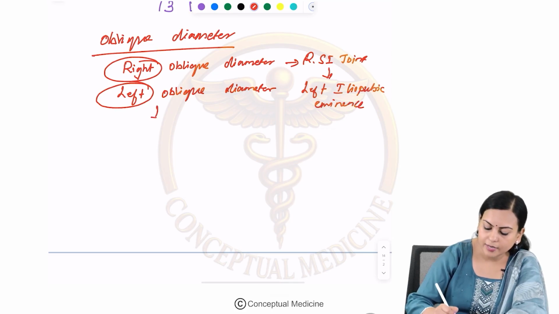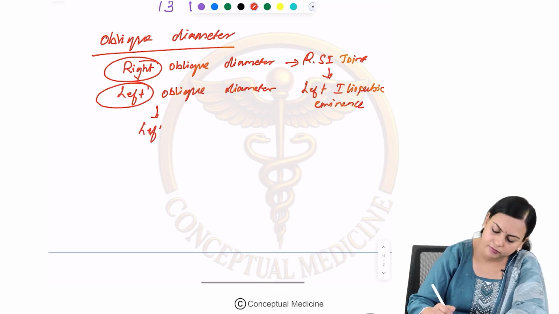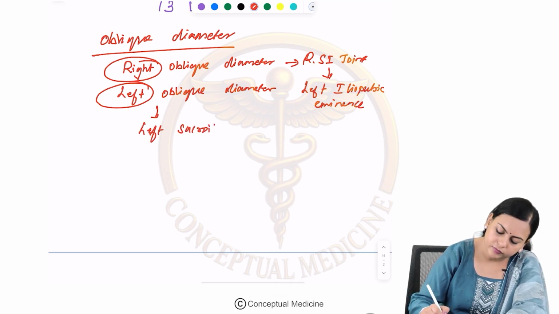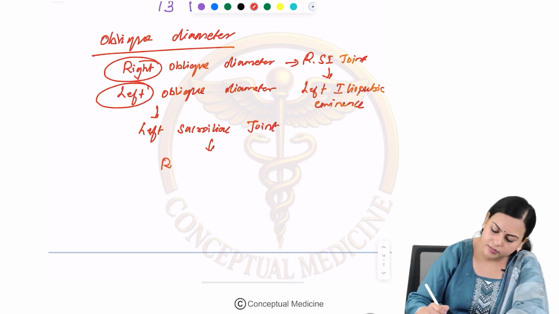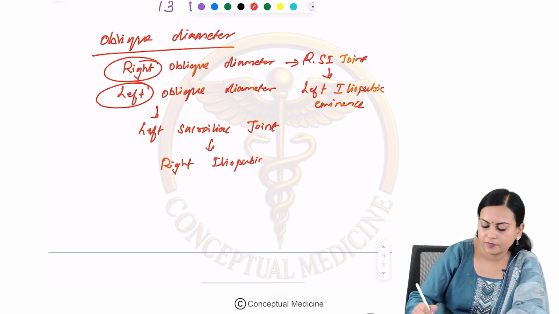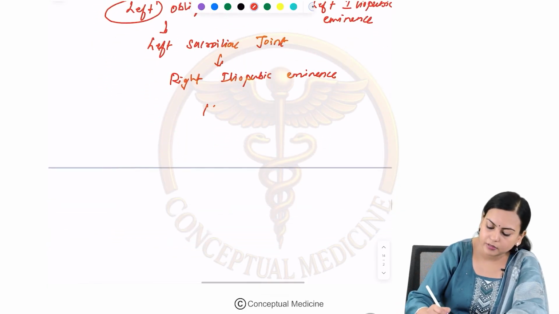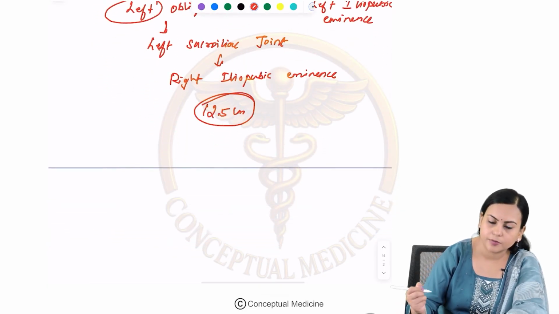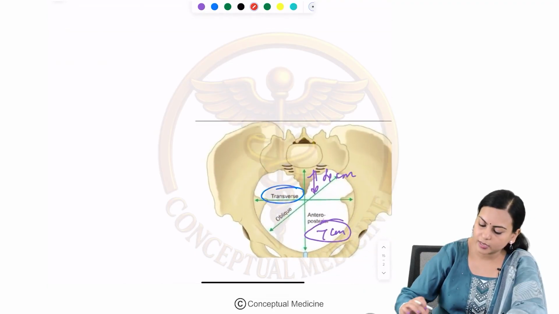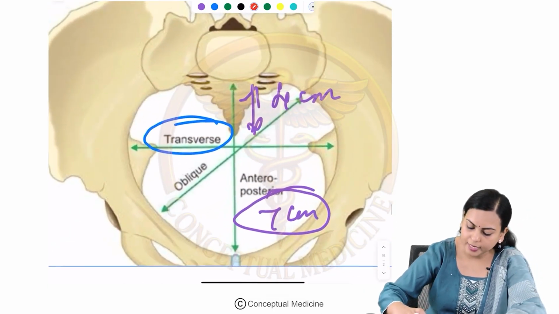The same way, the left oblique diameter starts from the left sacroiliac joint up to the right iliopubic eminence. And the measurement of the oblique diameter is 12.5 centimeter on both the sides. Okay. So, this is the oblique diameter.